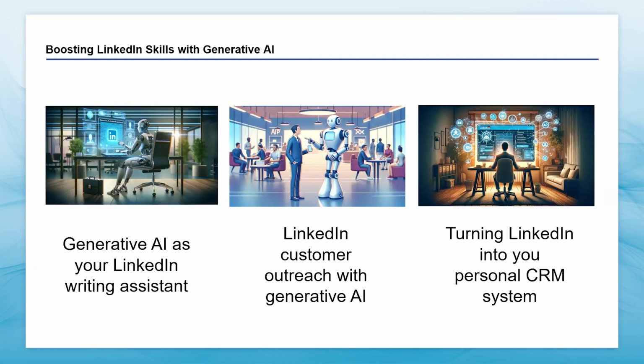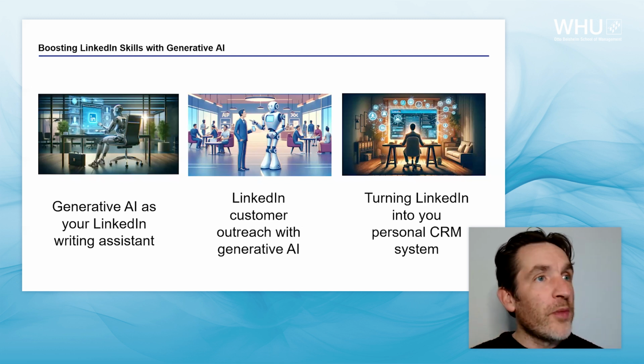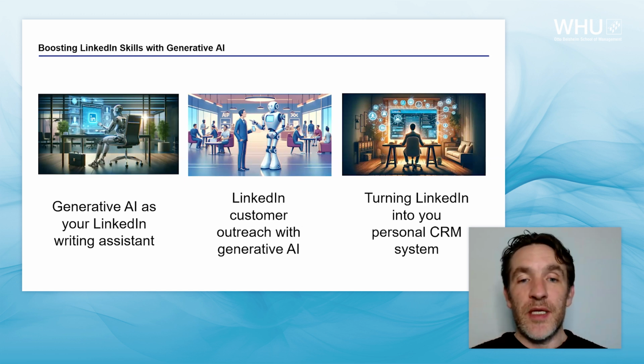Then I want to talk about how you can leverage LinkedIn for customer outreach with generative AI. And finally, I want to show you how you can start using LinkedIn as a kind of personal CRM system. So these are the 3 use cases I briefly want to illustrate. And again, if you have comments or questions, don't hesitate to put them in the Q&A. When I have finished presenting the 3 use cases, we can come back to your questions.